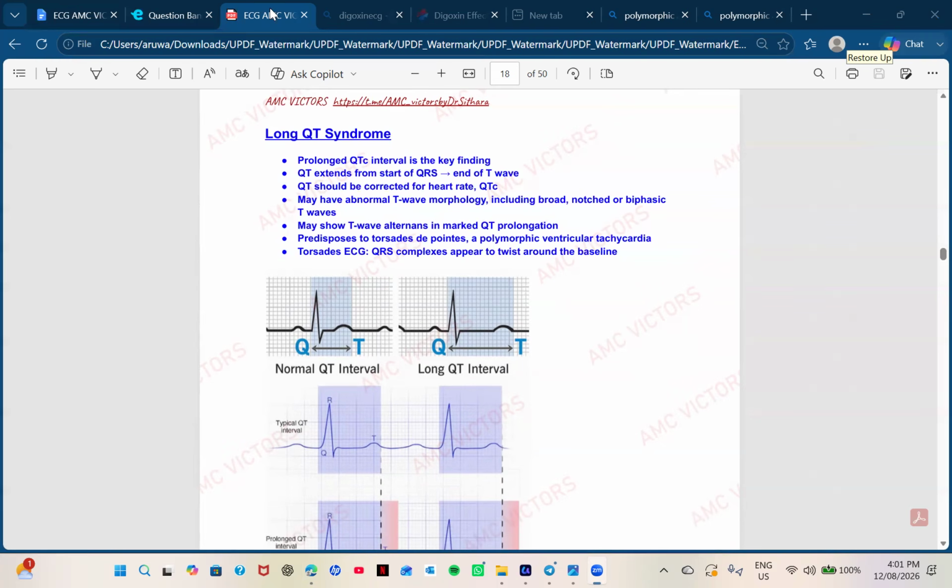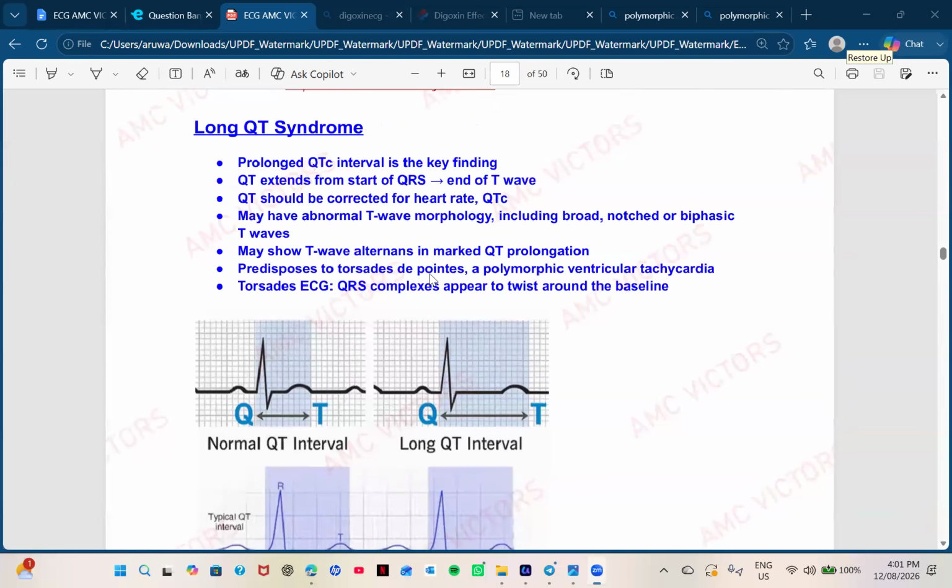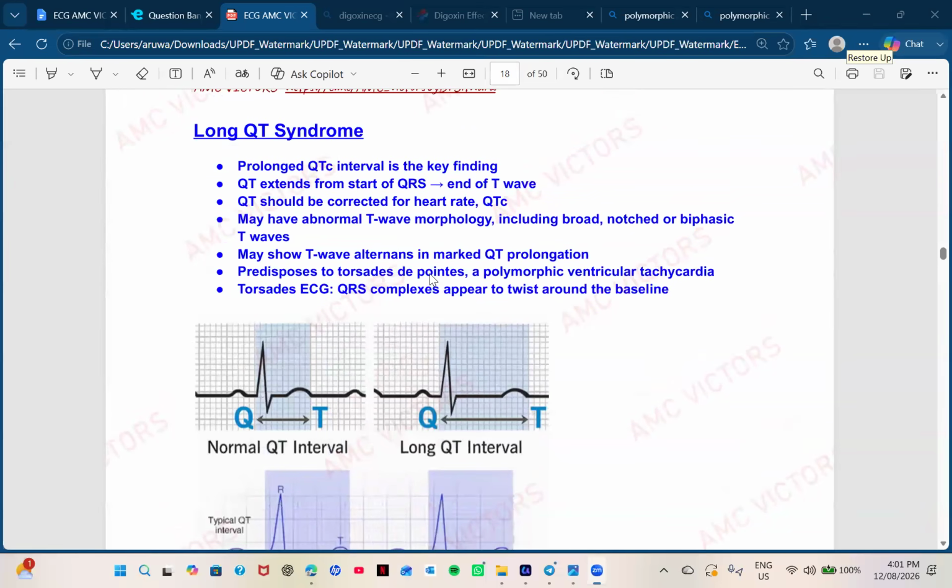Tell me what you know about long QT syndrome. Prolonged QT interval is the key finding, right? How long? The long QT means how long?